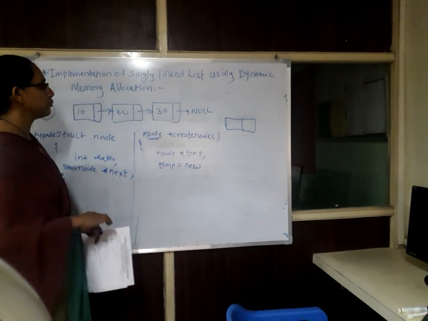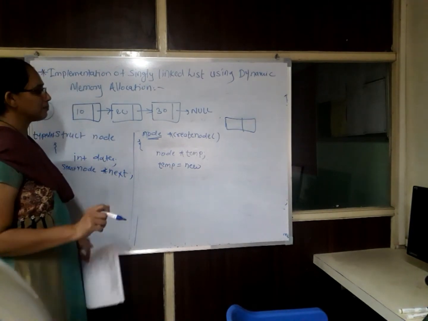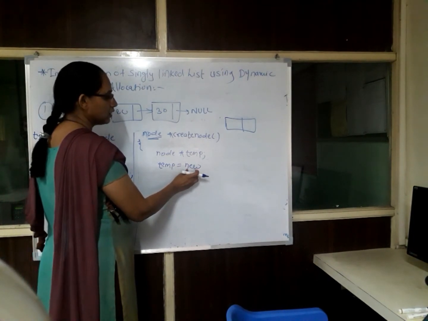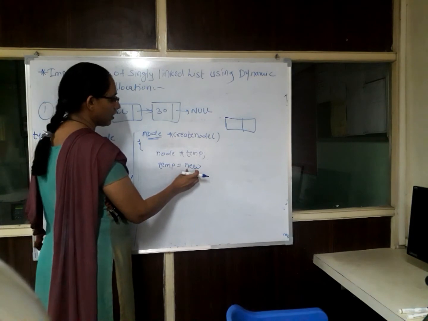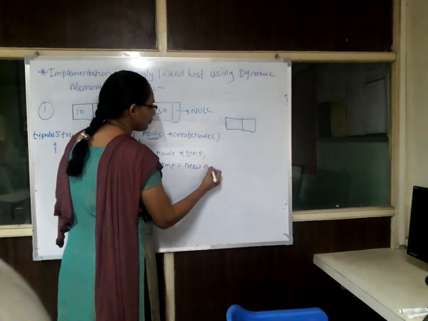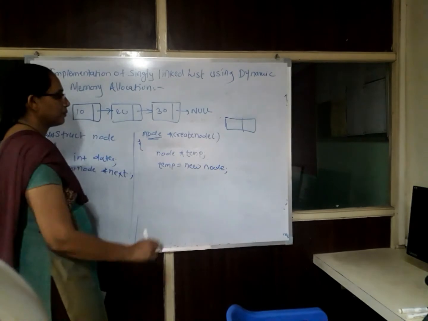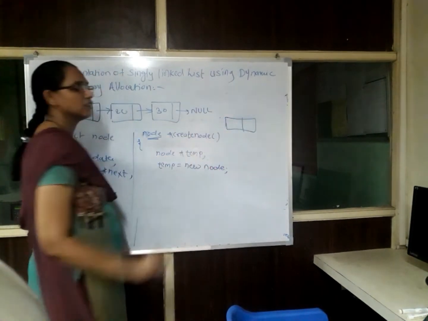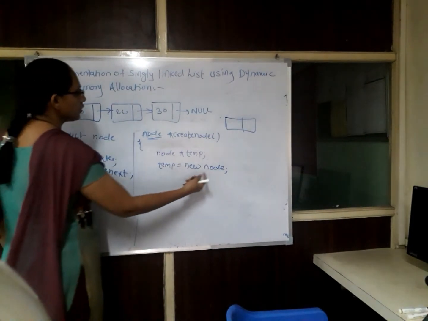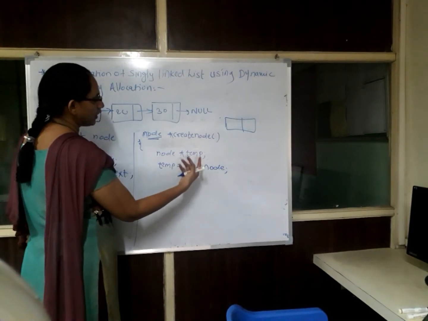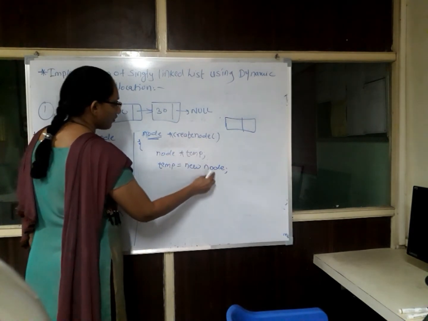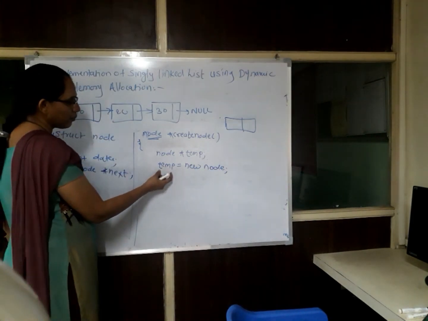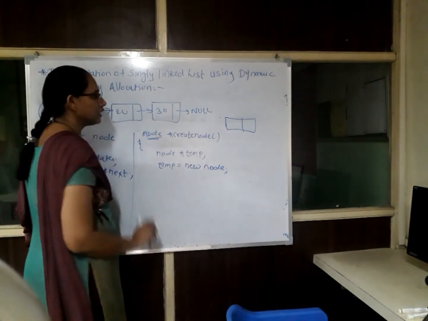Now I am going to explain all this code in C++. So here I am using the new operator. New will allocate memory space of which type? Of node type. Node means which contains two parts, data and next part. So by using this new operator, it allocates memory of node type and returns that address to temp. Temp holds the address of the newly created node.